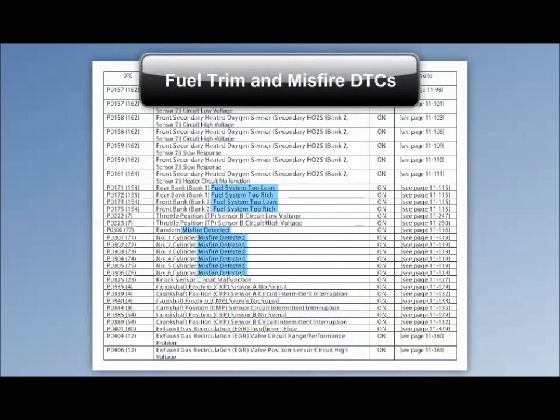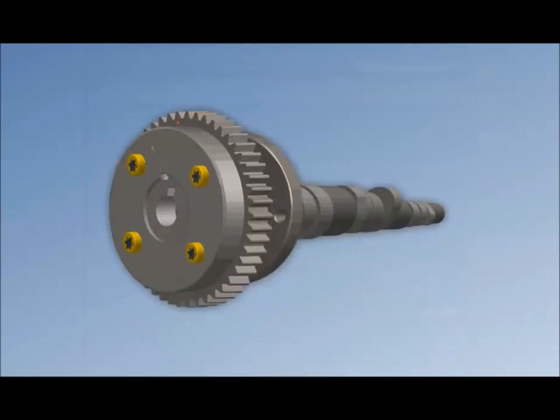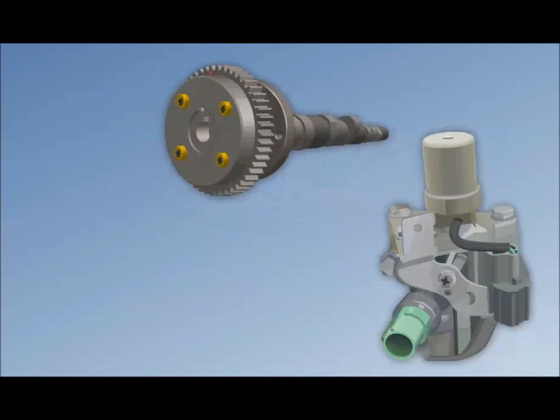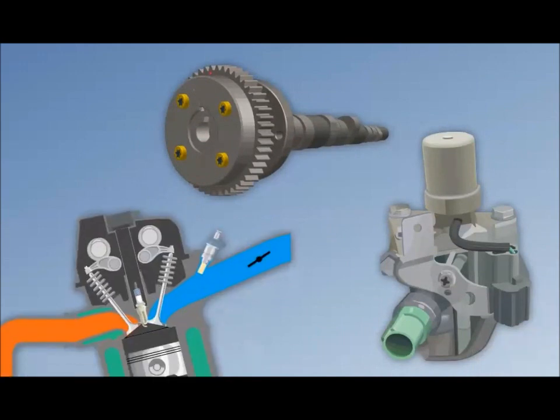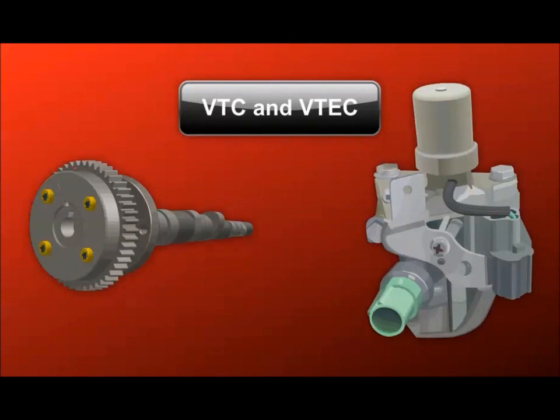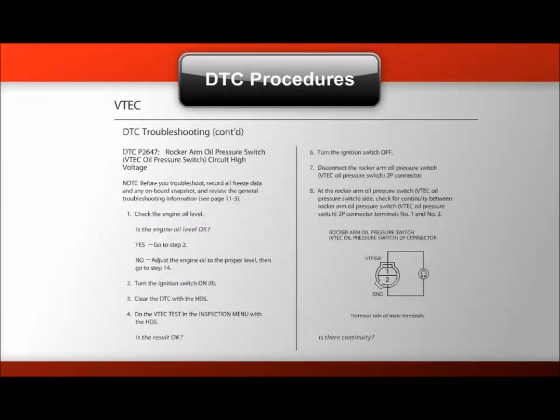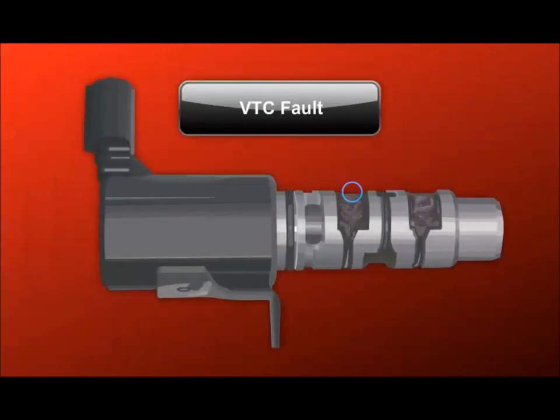Only evaluate engine mechanical condition when a DTC references fuel trim or misfire, or mentions an engine mechanical system such as VTC, VTEC, or the intake air system. For VTEC and VTC control systems, the service manual DTC troubleshooting procedures should provide you with effective troubleshooting and quickly isolate mechanical faults causing the DTC.